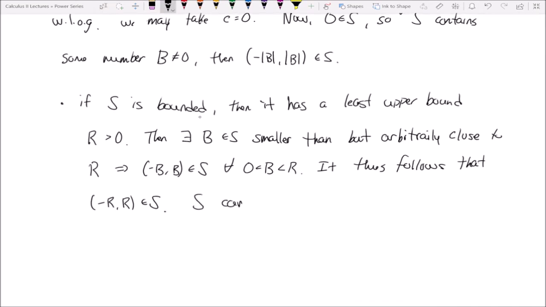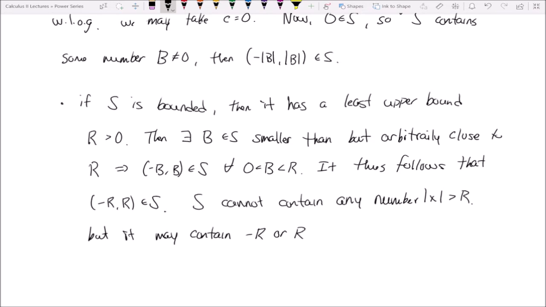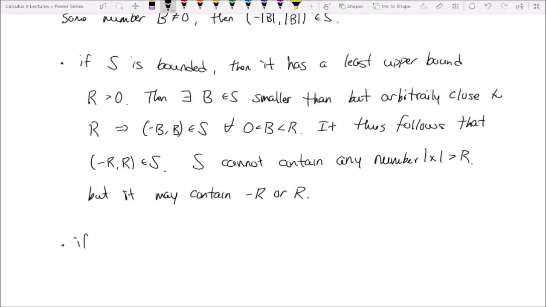Furthermore, we notice that S cannot contain any number, absolute value of x, larger than R. But it may contain negative R or positive R. If S is unbounded, then it contains negative b to b for b arbitrarily large.